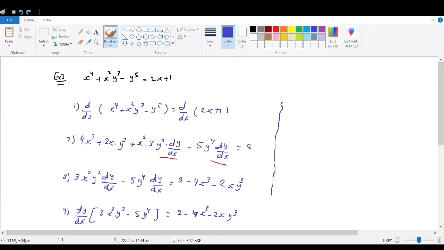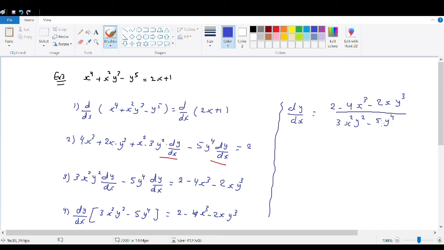So the last step, we need to put dy over dx on one side, so that means dy over dx will be equal to 2 minus 4x cubed minus 2xy cubed. We divide by the bracket here, which is 3x squared y squared minus 5y power 4.